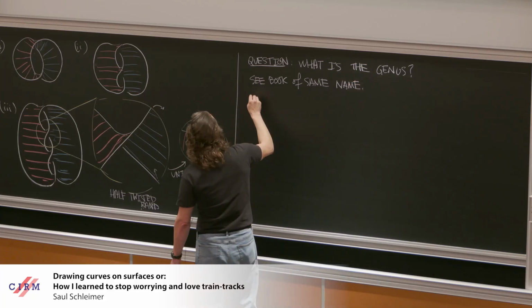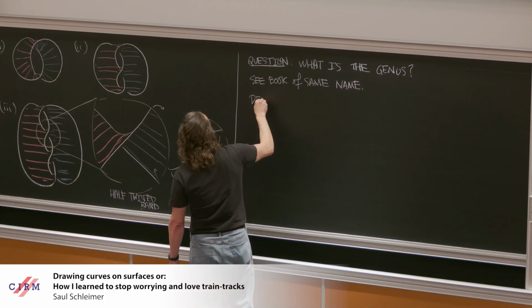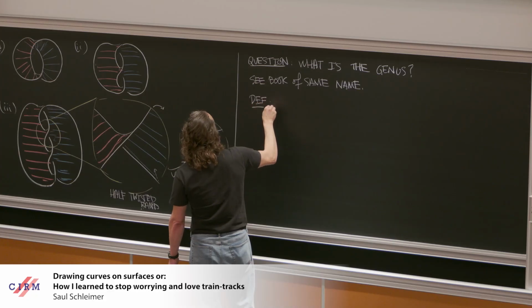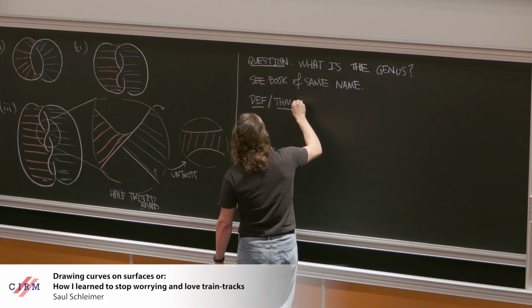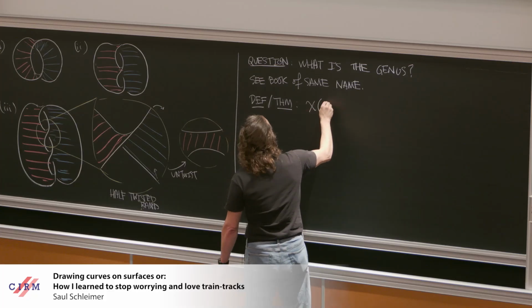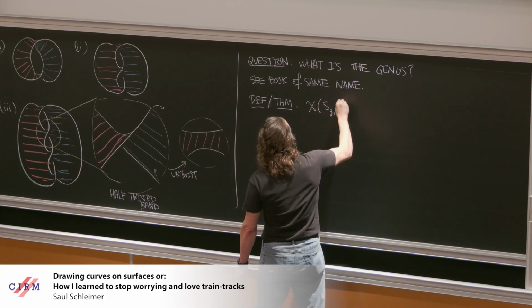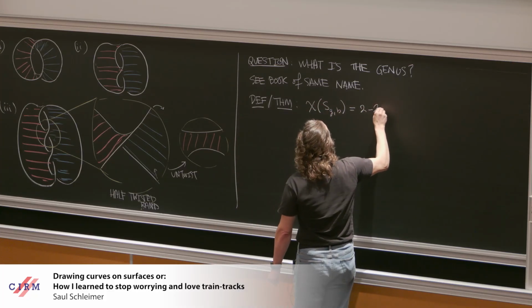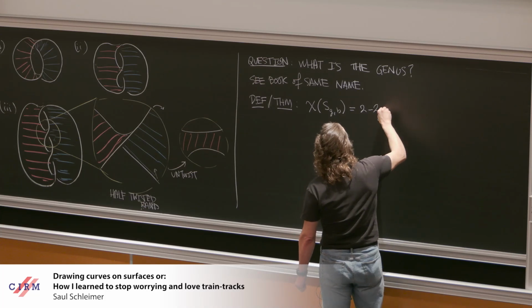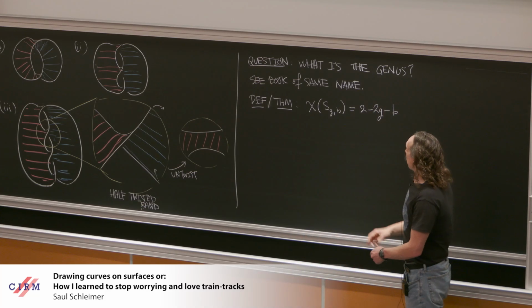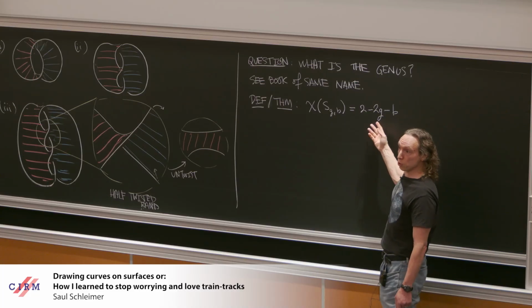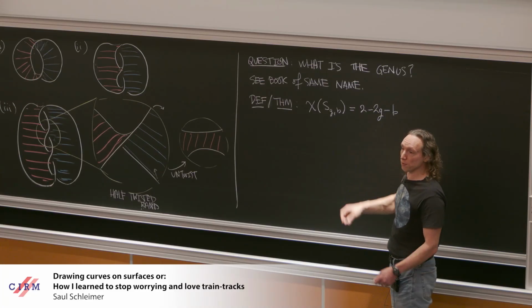But perhaps, not as a real definition, here is a theorem: the Euler characteristic of S_{g,b} equals 2 minus 2g minus b. The Euler characteristic has other definitions, so you could reverse engineer and use this to define the genus.